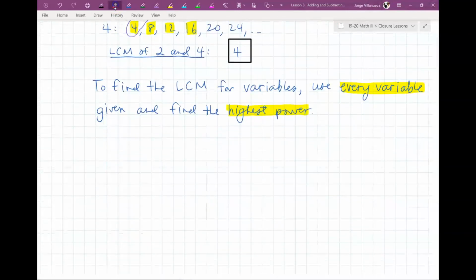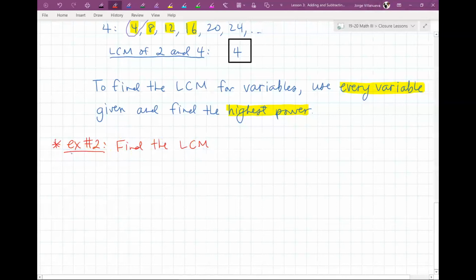So here we go. Let's show you this stuff here. So find the least common multiple. To find the least common multiple of the following, we're going to follow our rules. Do the numbers first and the letters second. So 3n squared and 8n.